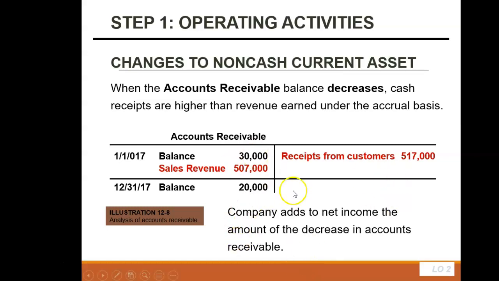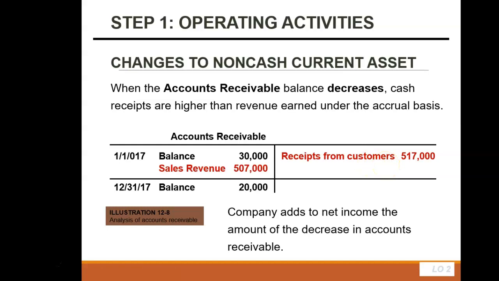We can see from this illustration, sales revenue on the income statement totals $507,000. But the actual cash collected was $517,000.